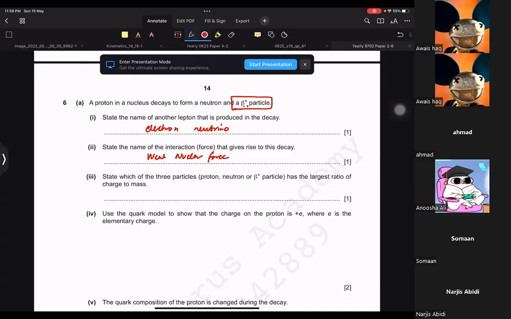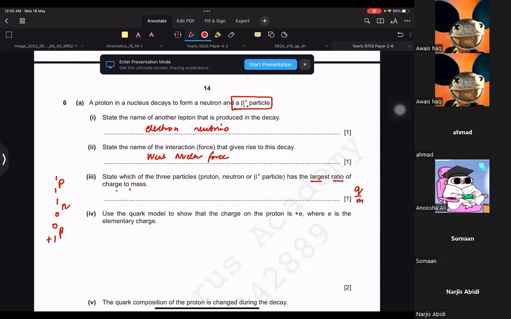Okay, then state which of the three particles, proton, neutron, beta, has the largest ratio of charge to mass. You know, proton has 1 mass, 1 charge. Neutron has 1 mass, 0 charge. Beta particle is 0 mass and plus 1 charge. He's asking about the largest charge to mass ratio, which means charge over mass, so you can just divide.